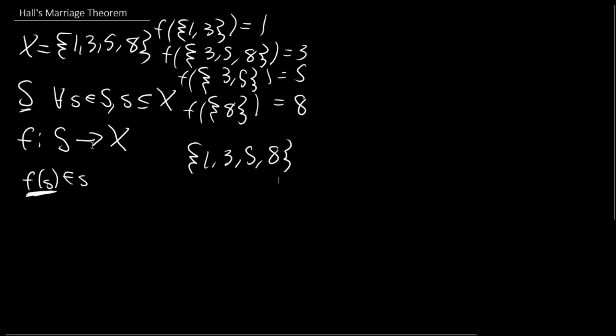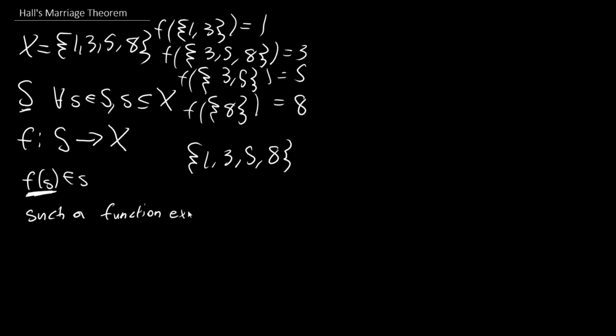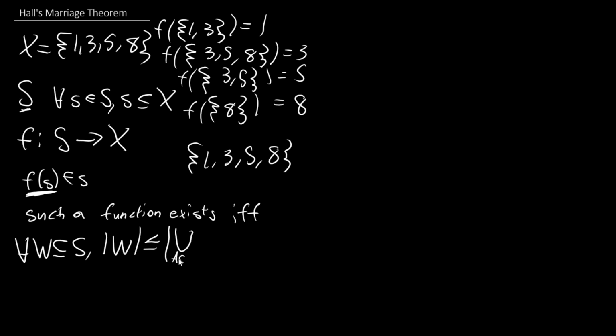It says that such a function exists if and only if for all W that is a subset of S, the size of W is at most the number of elements in total in all the sets of W, so the union of all the sets in W. So this is what Hall's marriage theorem states, and this specifically is called the marriage condition.